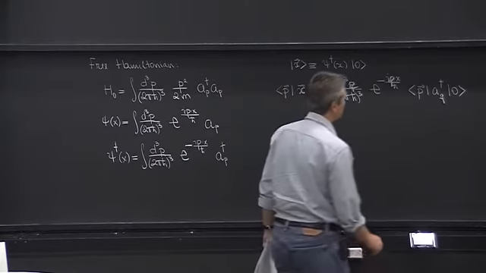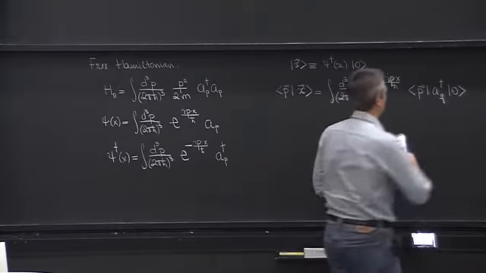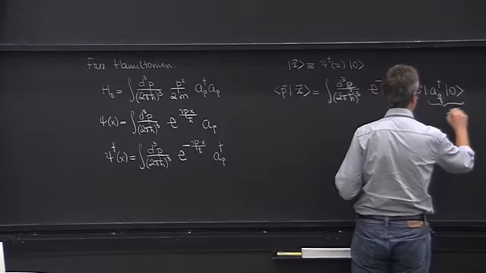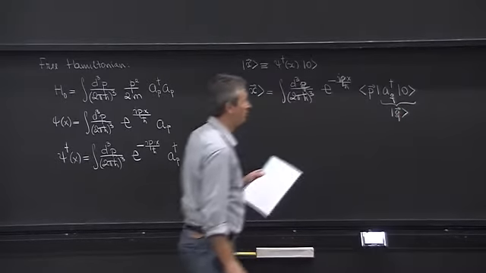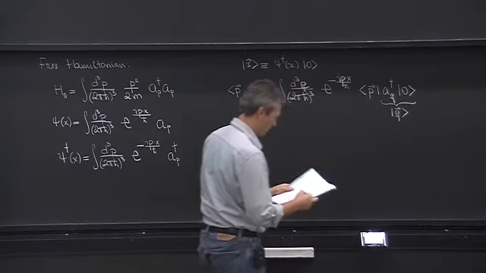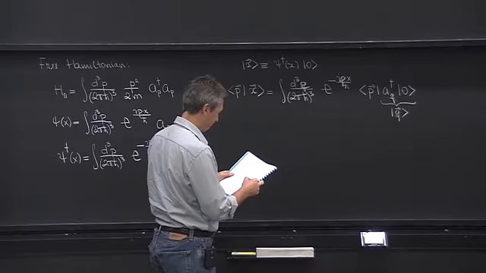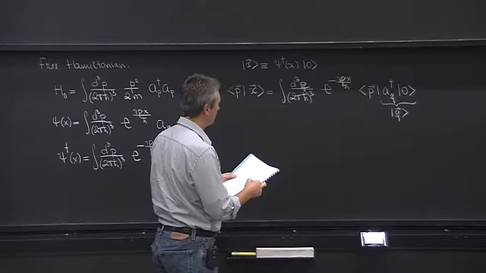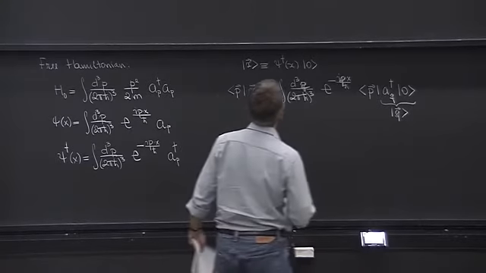But then by construction, this state is just an eigenstate q, and the overlap is simply the delta function. Well, let's see, there is a factor of 2 pi.